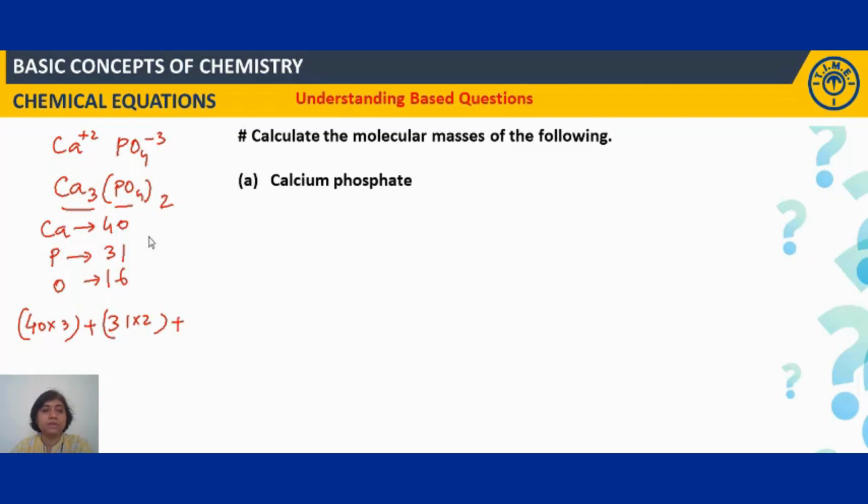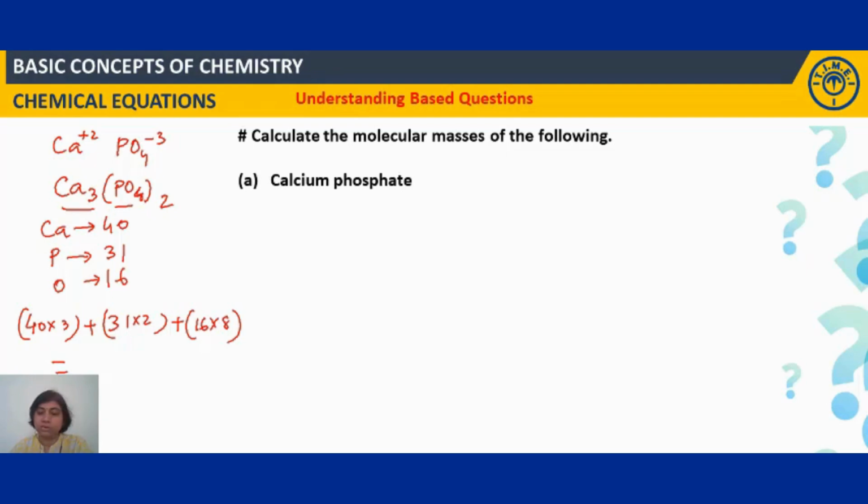Plus oxygen: in one phosphate radical there are 4 oxygen atoms, and 2 radicals are there in one molecule of calcium phosphate. So total oxygen atoms is 4 into 2, that is 8. So 16 into 8.